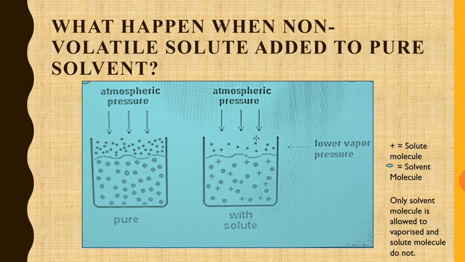Now remember one thing, only solvent molecules are allowed to vaporize and solute molecules do not. That's why you can see the upper atmospheric pressure and the lower solvent molecule vapors are both in a smaller proportion.